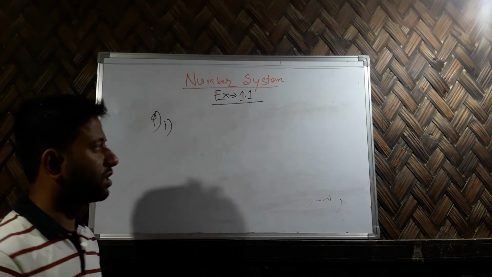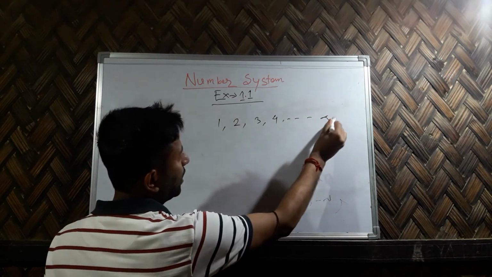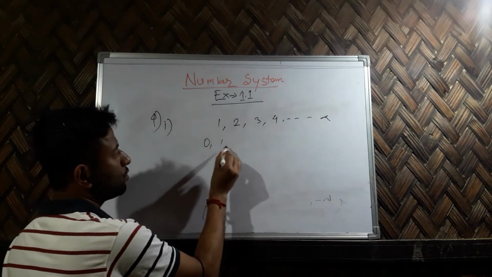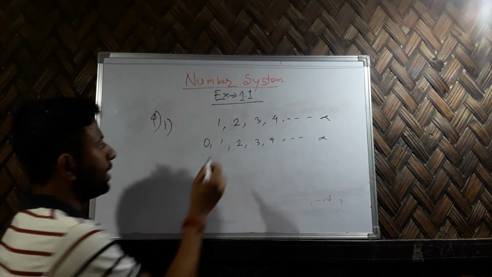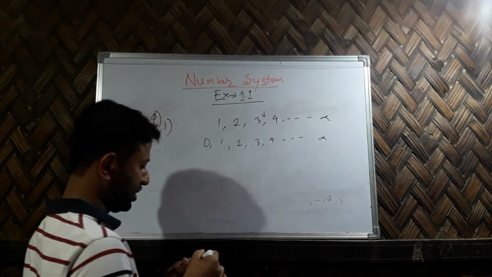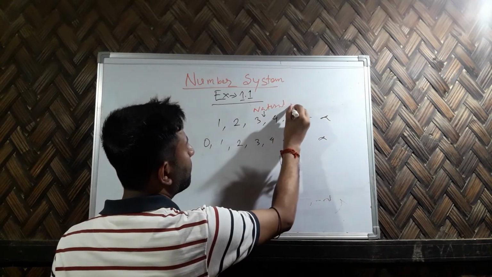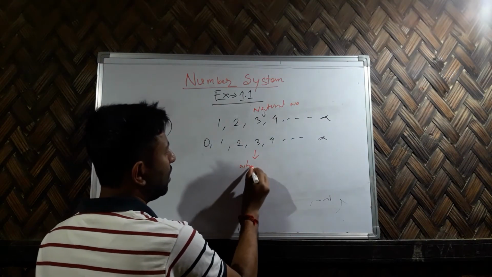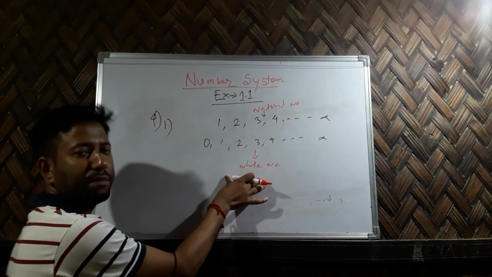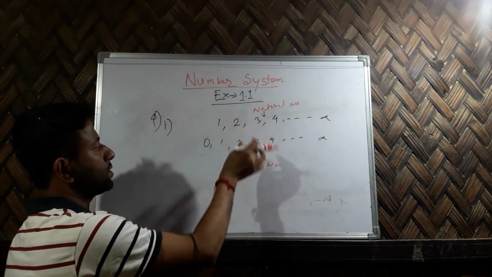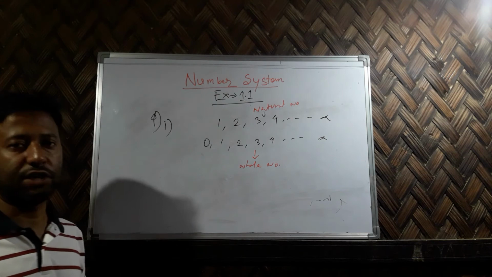Now if I look at the definition of natural numbers, they are 1, 2, 3, 4, dot dot dot up to infinity. And whole numbers are 0, 1, 2, 3, 4, dot dot dot infinity. So this is coming under natural numbers, and this is coming under whole numbers. My question is whether natural numbers are whole numbers or not. Obviously all the natural numbers are in between this whole number series, so I can say yes, the statement is true.